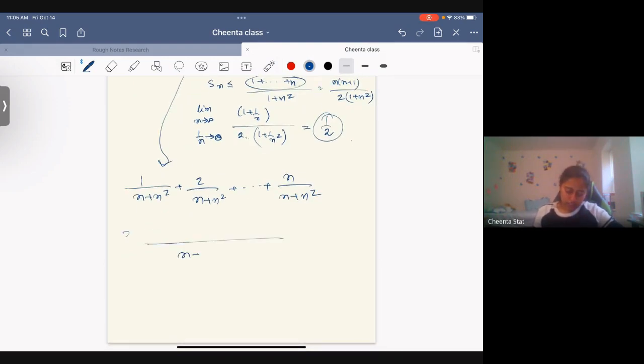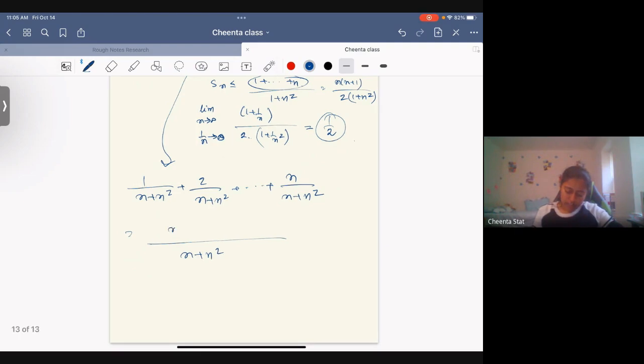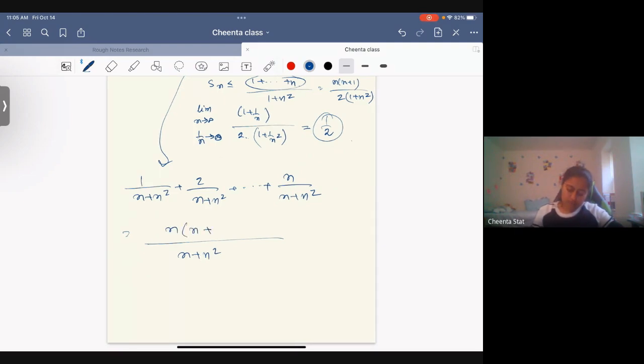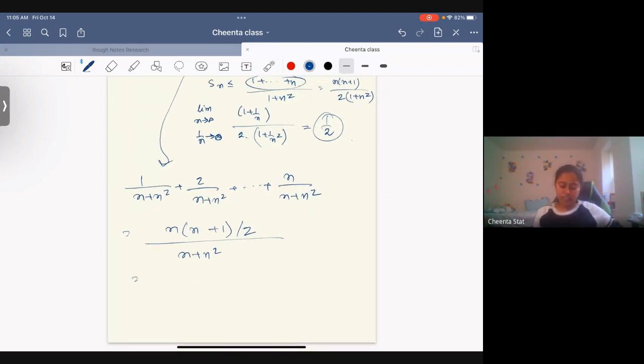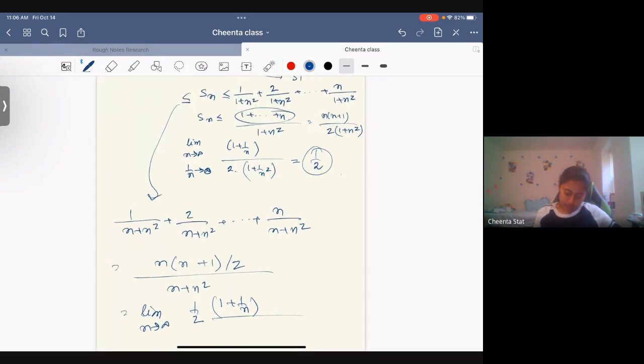Again we are doing n plus n square, and we are taking the summation n into n plus 1 by 2. And again we are doing the same thing, taking the limit n tends to infinity, half times 1 plus 1 by n divided by 1 plus n, where n will be cancelled out.